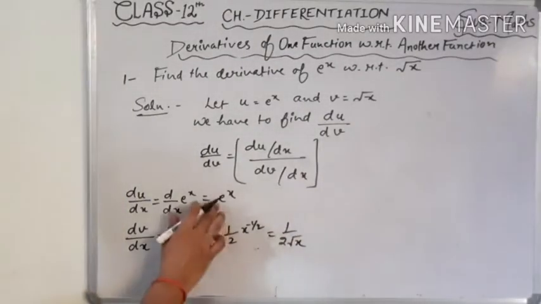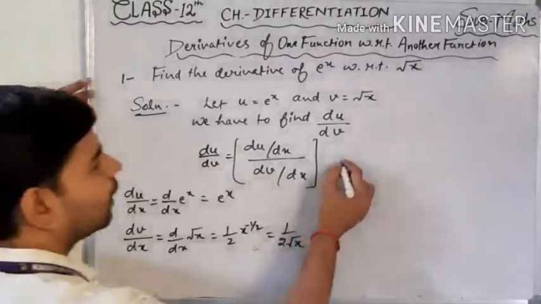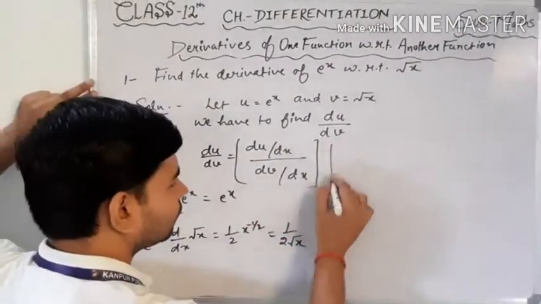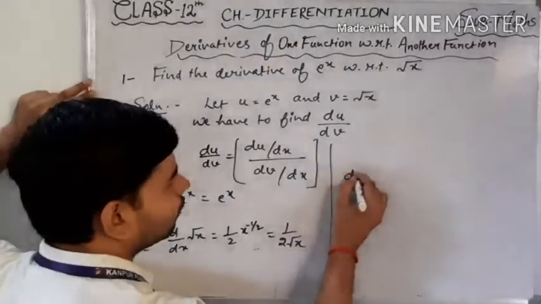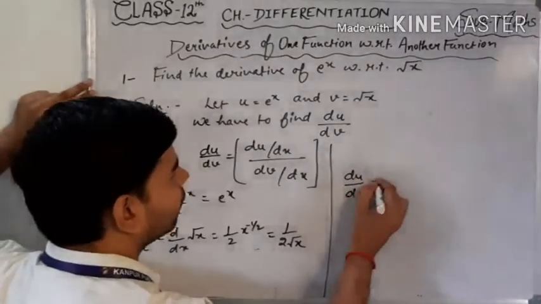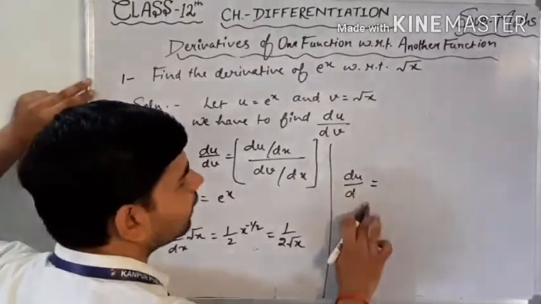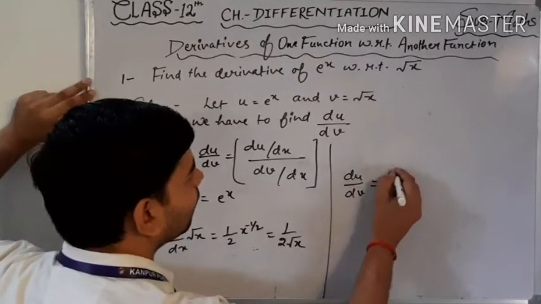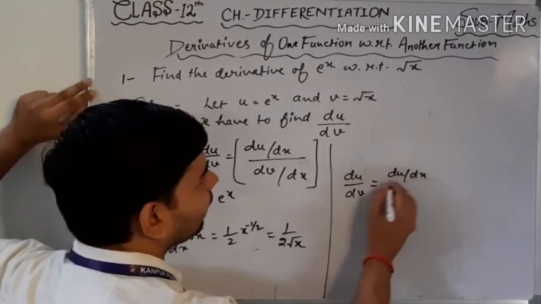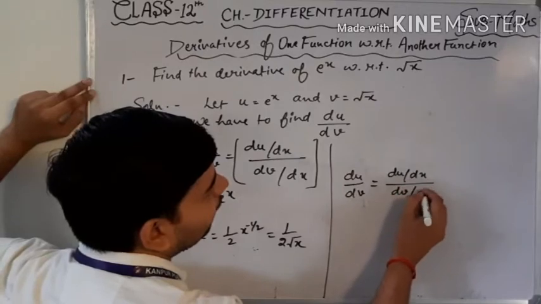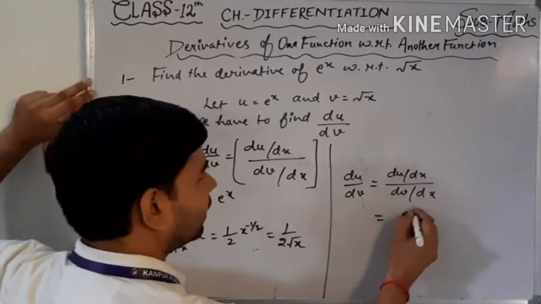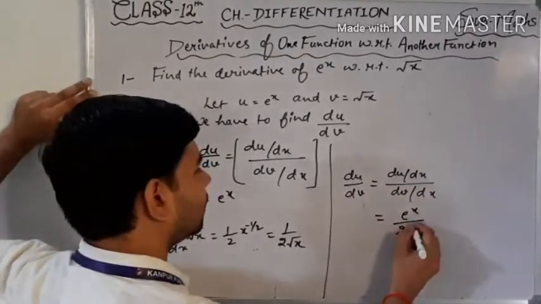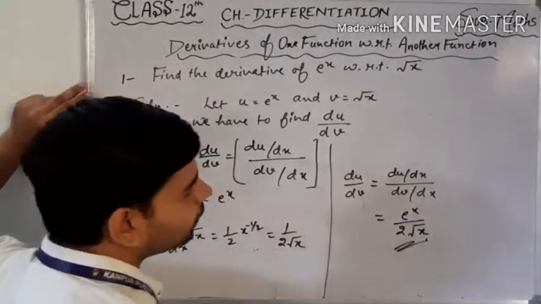Now put these values in this equation, we get du over dv equals du over dx upon dv over dx equals e to the power x upon 2 root x. This is your answer.